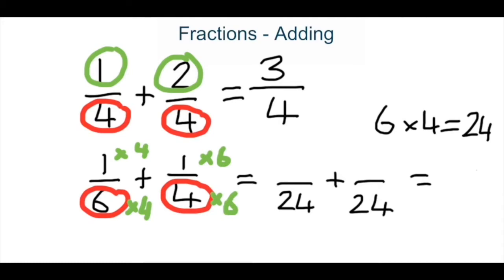So that gives me 1 times 4 at the top, and 6 times 4 down the bottom, which gives me 4/24. For the 1/4, 1 times 6 at the top gives me 6, 4 times 6 gives me 24. Now I have a common denominator, and I can do my calculation. 4 plus 6 is 10 over, denominator stays the same, 24.